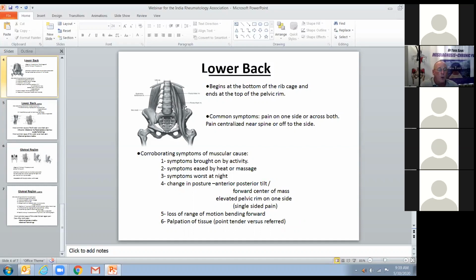Well, if that was true and the pain is 3 to 4 inches to the side, where would I have to press if it was coming from stenosis or a herniated disc? I'd have to press on the spine, and they should feel the symptom refer. But what if I go 3 to 4 inches off and I press right where that QL is attaching into the pelvic rim, and I bring on the symptom?